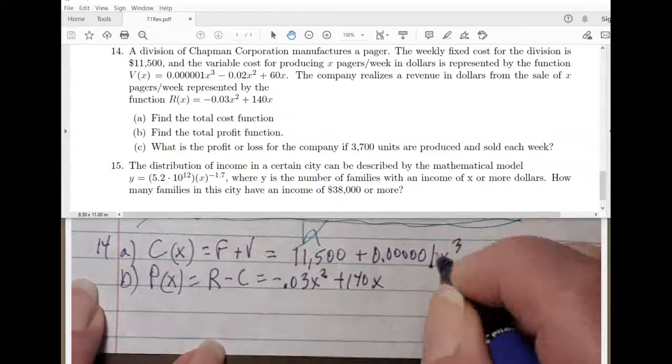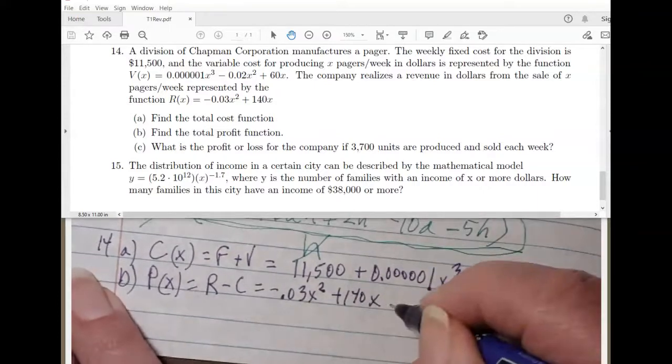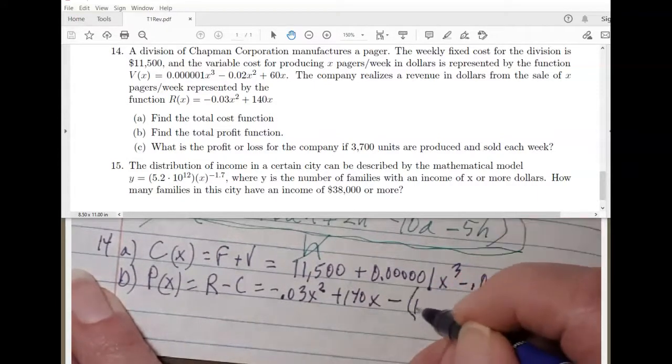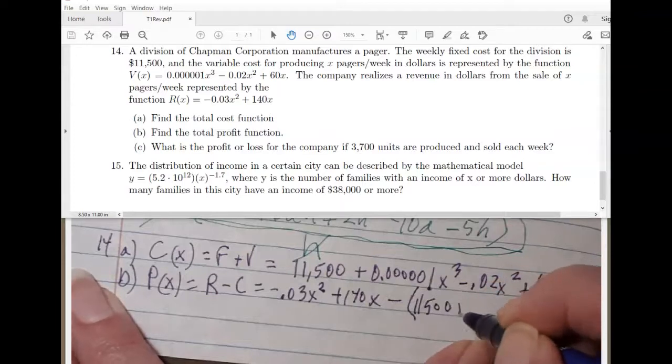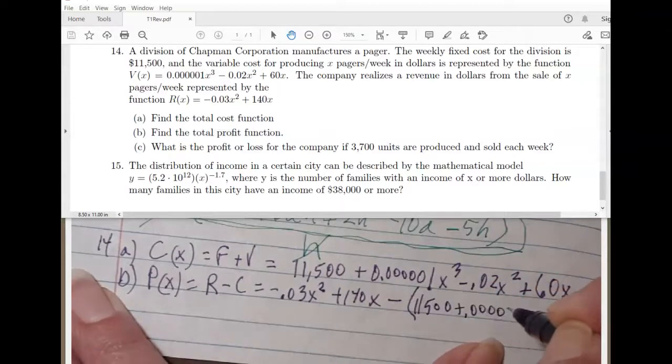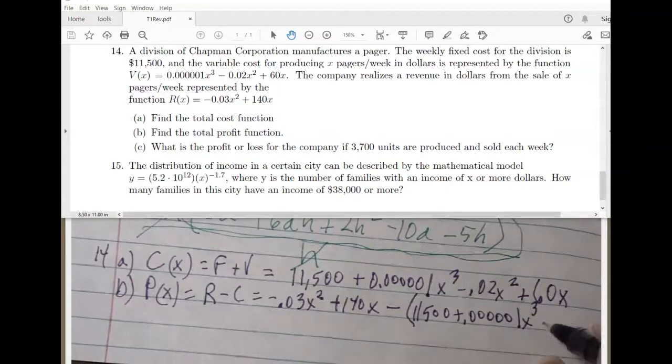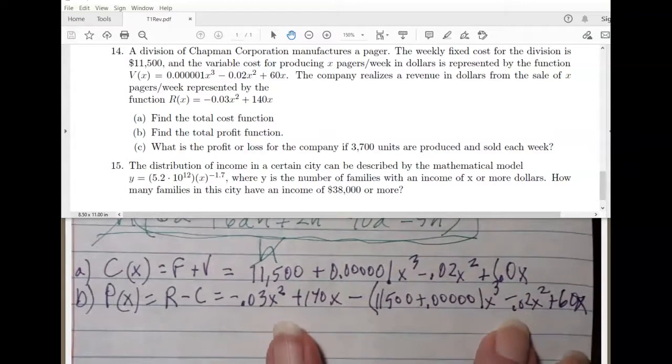I haven't asked you to simplify, so you can simply put negative and put your cost function: 11.5 plus 0.12345 and a 1, x cubed minus 0.02x squared plus 60x. So there is my profit function. I'll close off that parentheses.